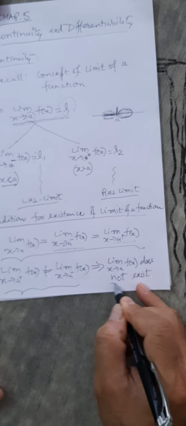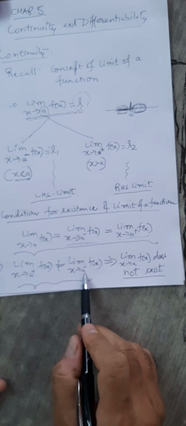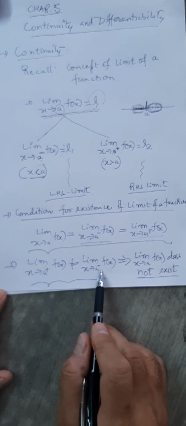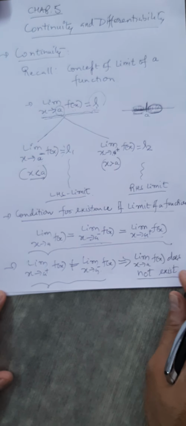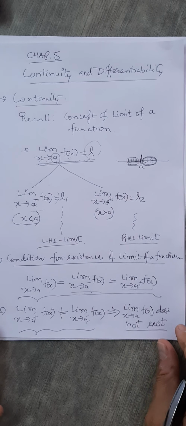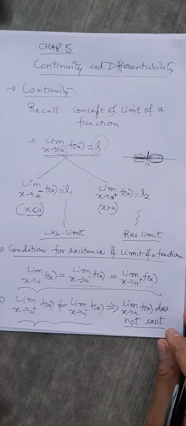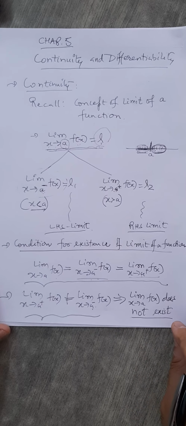Right? If you want to show that the limit doesn't exist, you just see that the RHS and LHS limits are different. So this is the one thing about the basic definition of a limit.